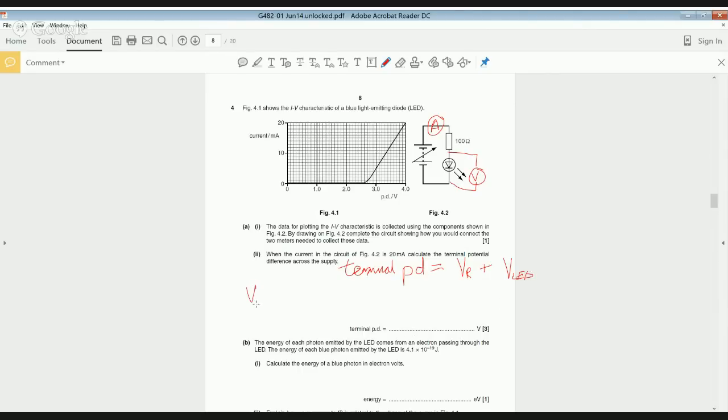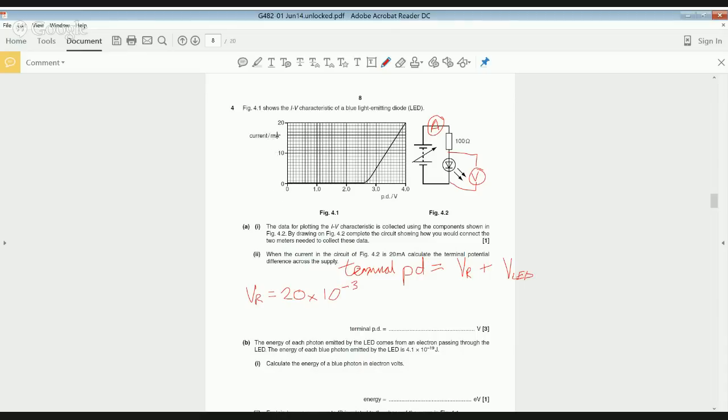So the voltage across the resistor: we know the current is 20 milliamps and we know the resistance is 100, so V equals IR. 20 milliamps is 20 times 10 to the minus 3. Again, this is another example of where we need to be really careful checking units.